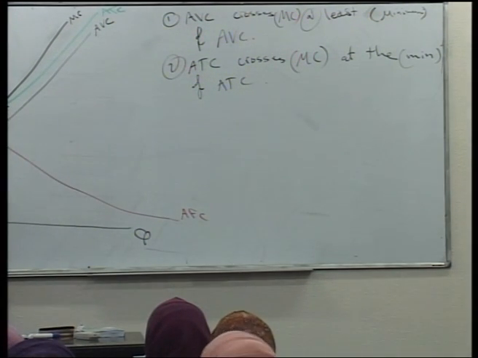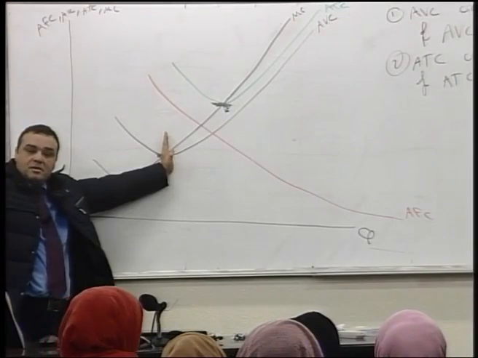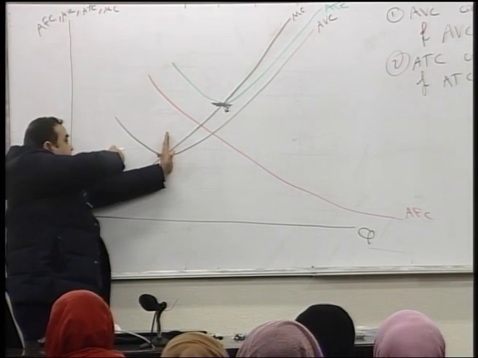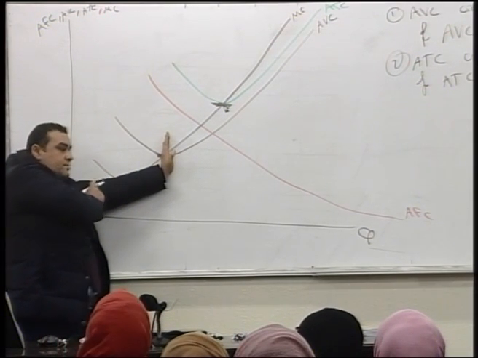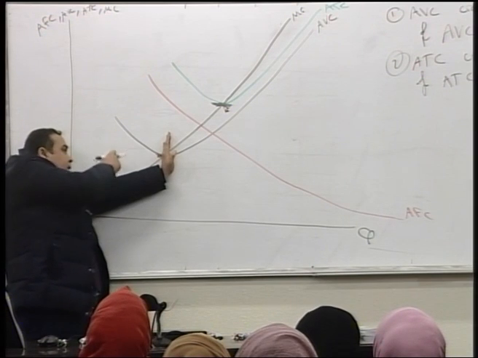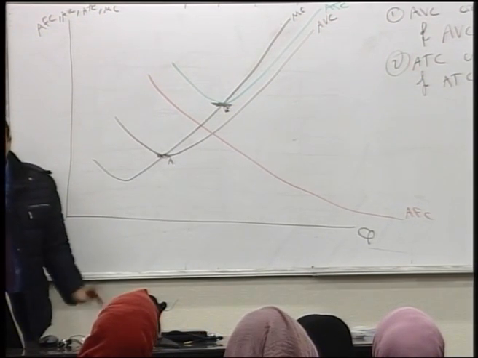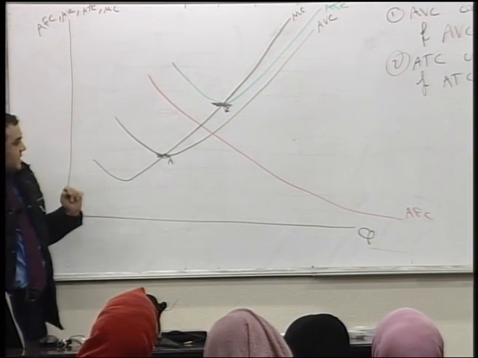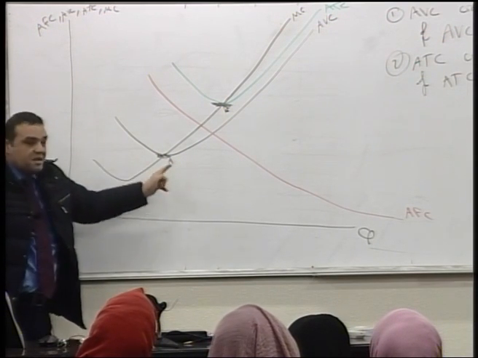As quantity increases, let's take this part, at the left side of point A, which is bigger, AVC or MC? AVC is bigger than MC. What do you see? AVC is decreasing.